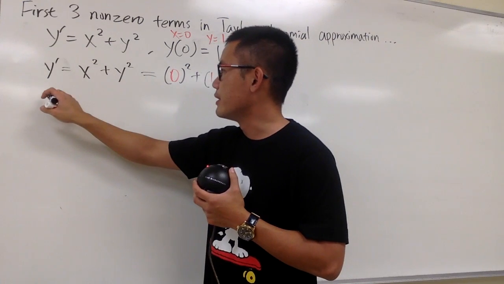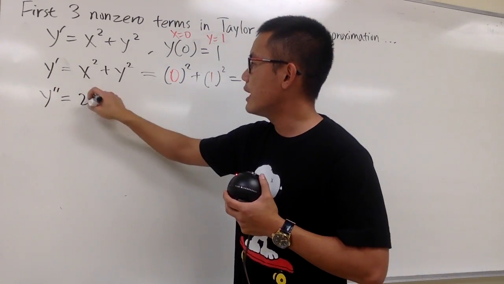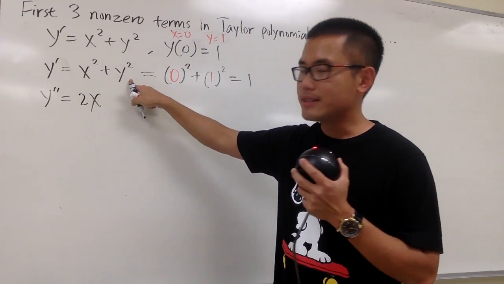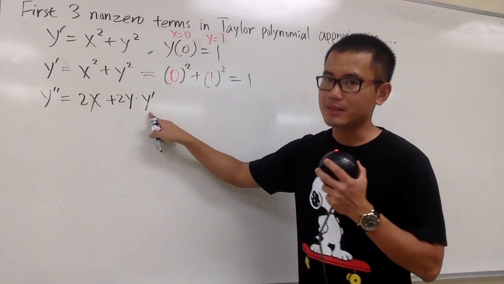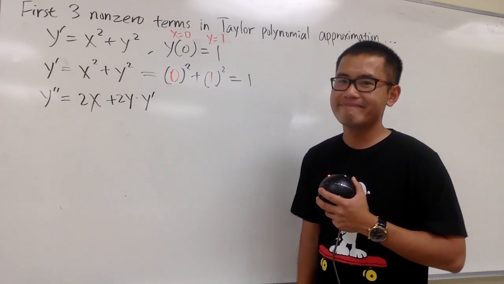So let's go ahead and do the next derivative, which is y double prime. Derivative of x squared is just 2x, and right here you have to keep in mind the derivative of y squared is plus 2y times y prime, because y is a function of x. Chain rule says we have to multiply by y prime.